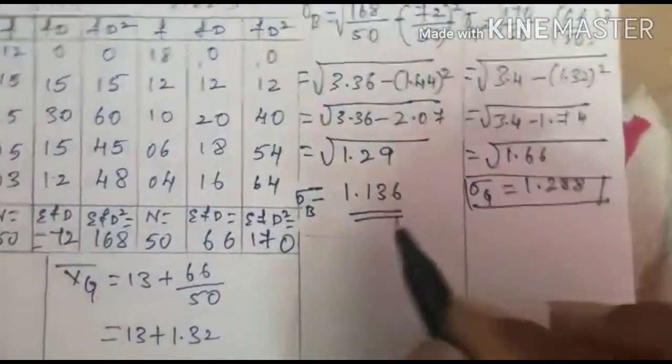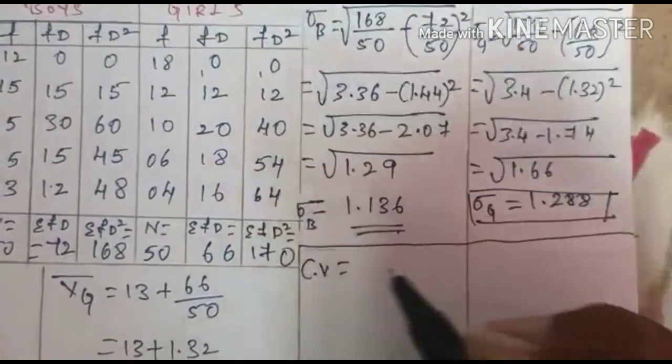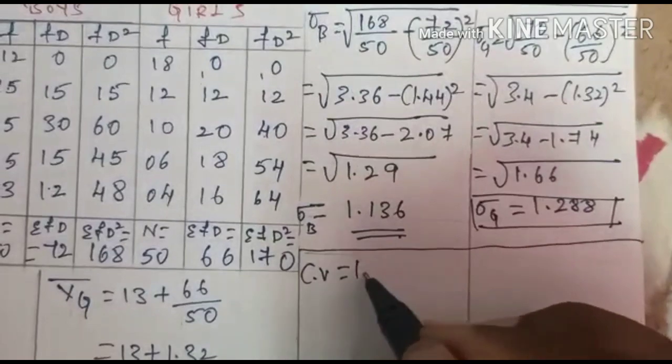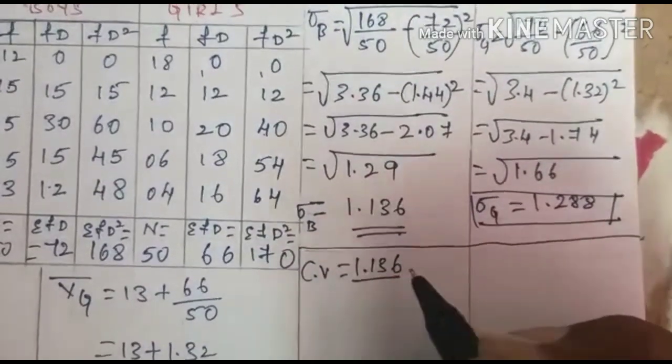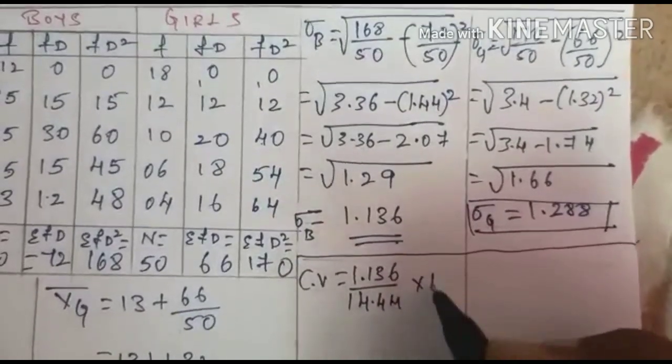Now calculate the coefficient of variation for both boys and girls. Coefficient of variation is equal to standard deviation, that is 1.136, divided by mean value 14.44, into 100.